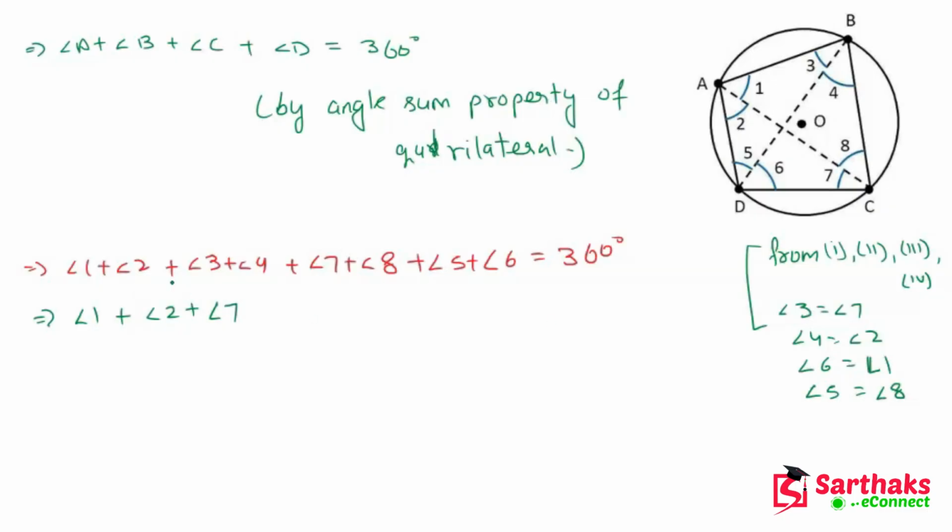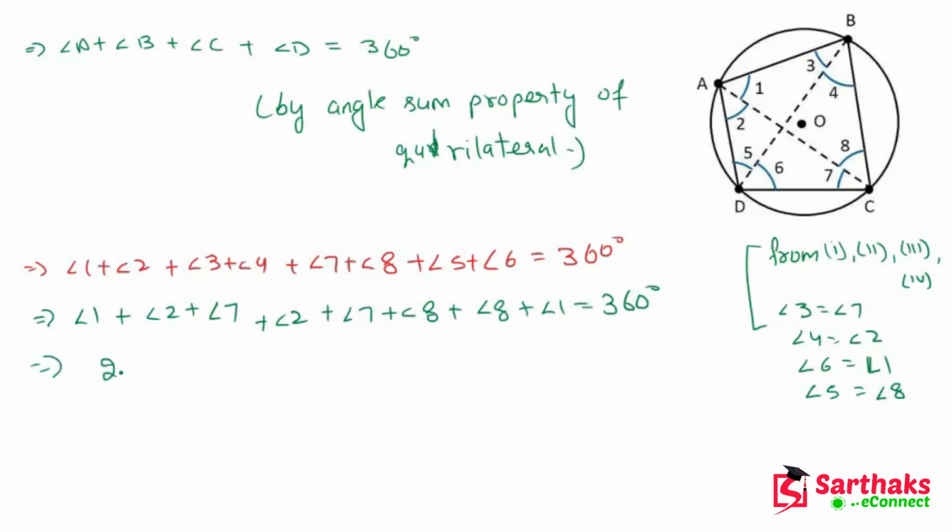So we can write angle 7 in place of angle 3, angle 2 in place of angle 4, plus angle 7, plus angle 8, plus angle 8 in place of angle 5, plus angle 1 in place of angle 6. This is equal to 360 degrees.